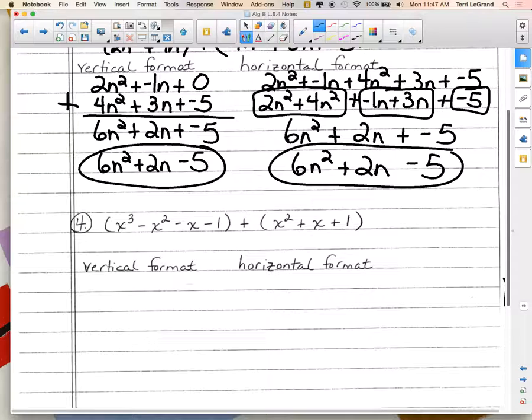Well, the first polynomial certainly has a lot of subtractions, so x cubed plus -x squared plus -x plus -1. The only term that didn't have to be renamed in that one was the first one. Do we have to rename any of them in the second polynomial? No. Okay, so x squared plus x plus 1.